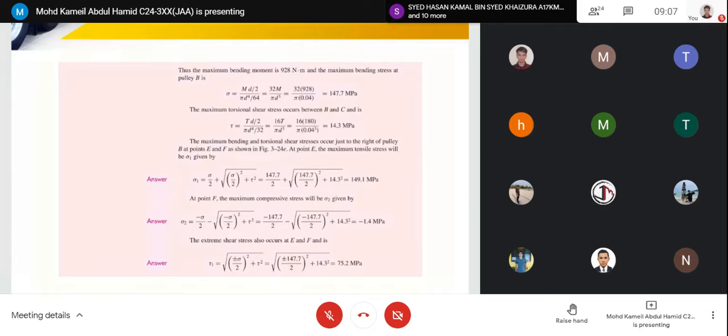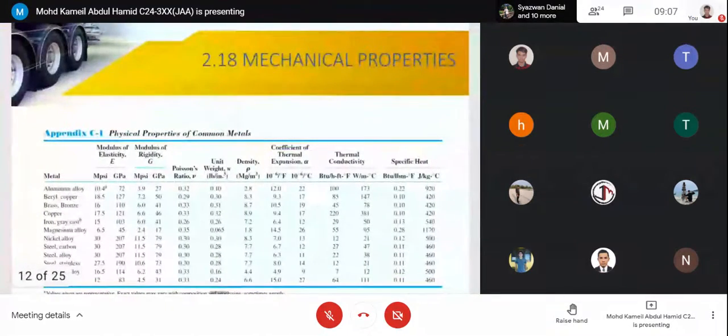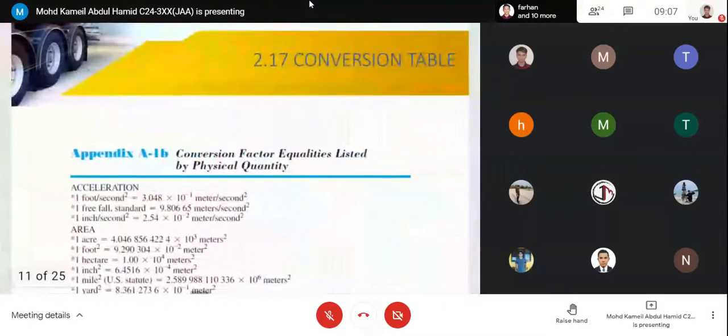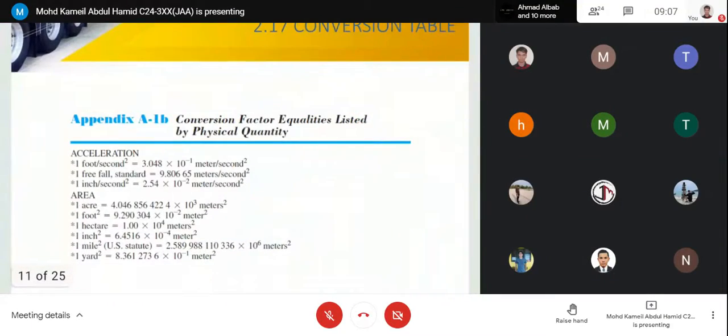So that is the equation for stress transformation, the last three. So what else? Okay, that is for that example.